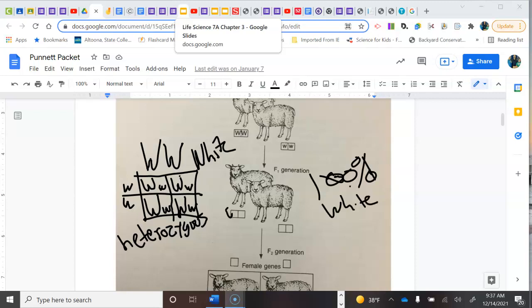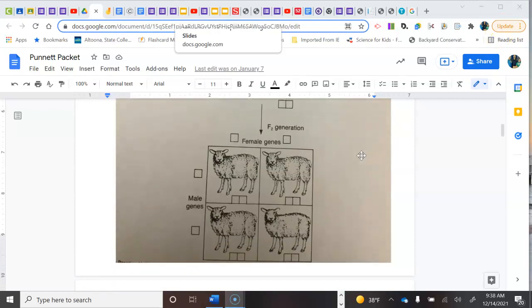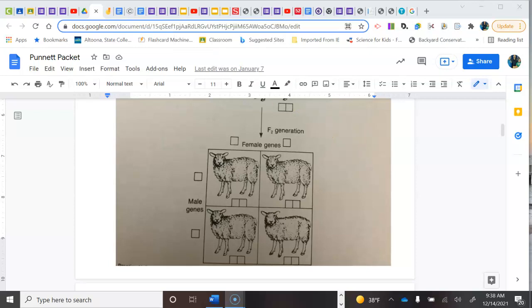And in here, you would write capital W, little w, capital W, little w. You guys are going to do this one down below. Remember that your parents for this one are all capital W, little w, capital W, little w.